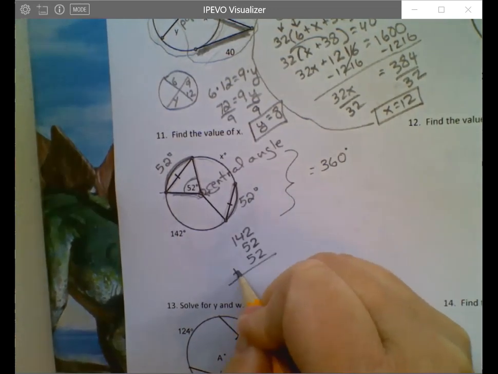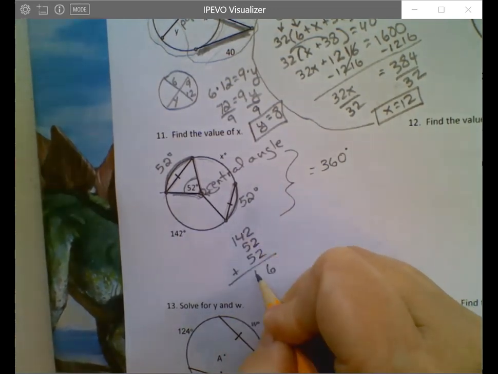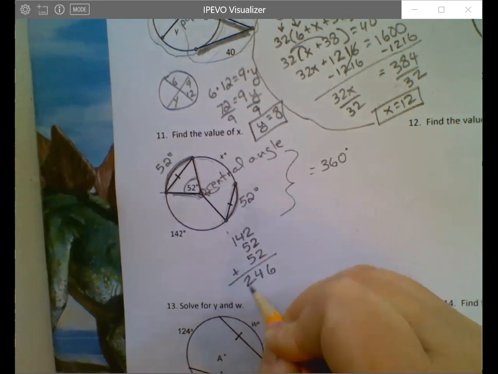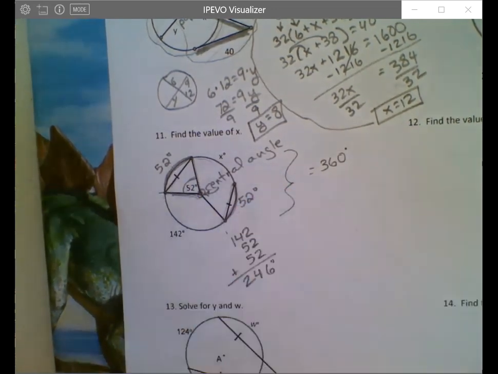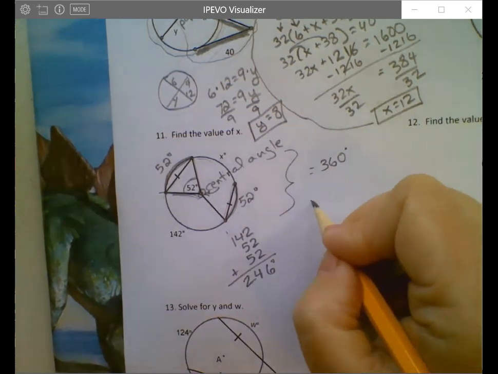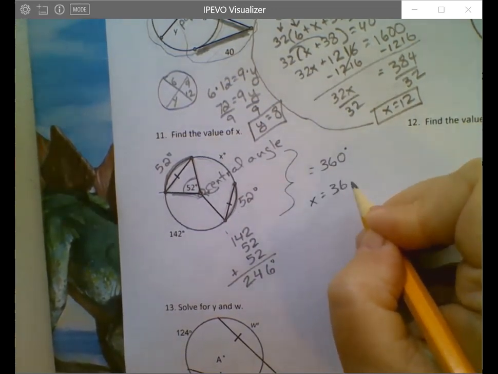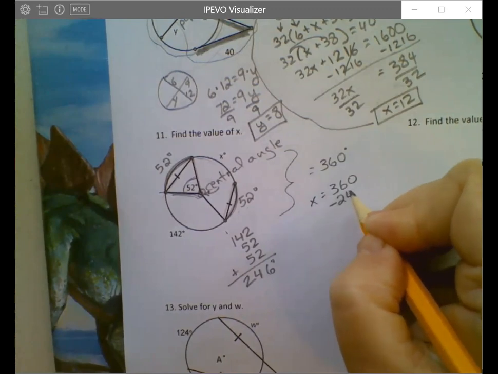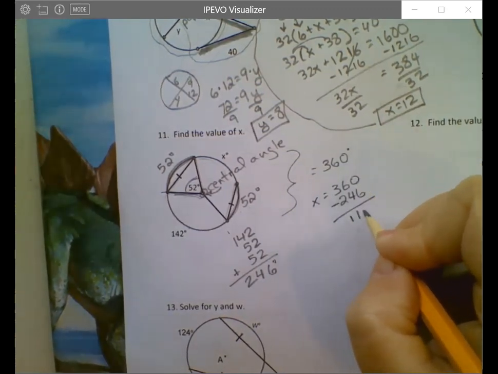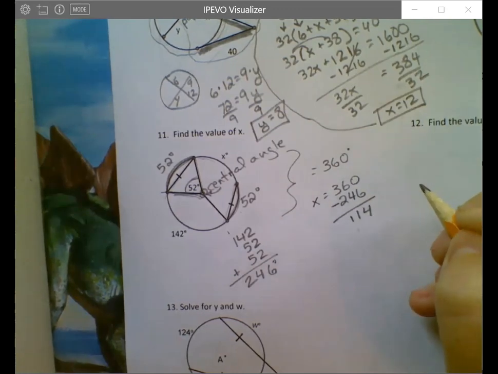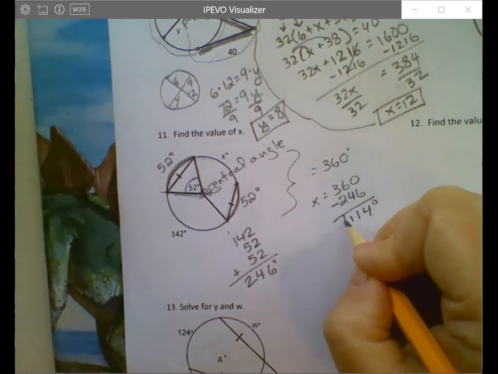I'm going to add those up. That's 246 degrees accounted for with these three arcs. So x is just 360 minus 246, which is going to give me 114. I did that right? Yep, 114 degrees.